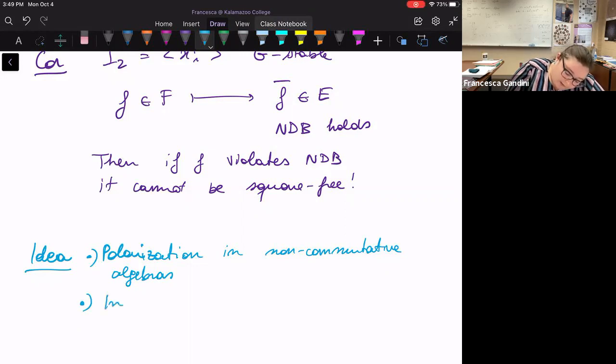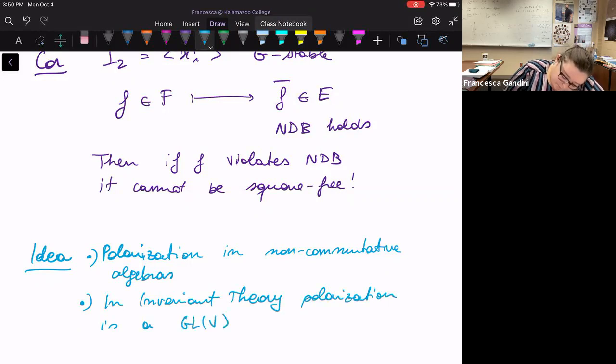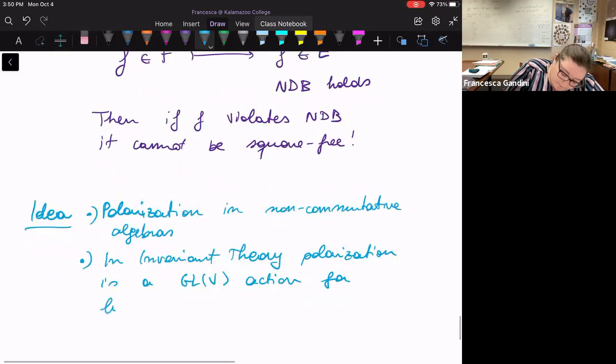So in invariant theory, polarization is a GLV action for larger V's.